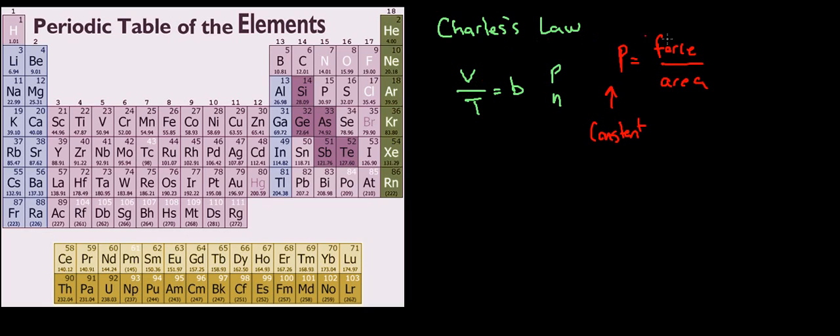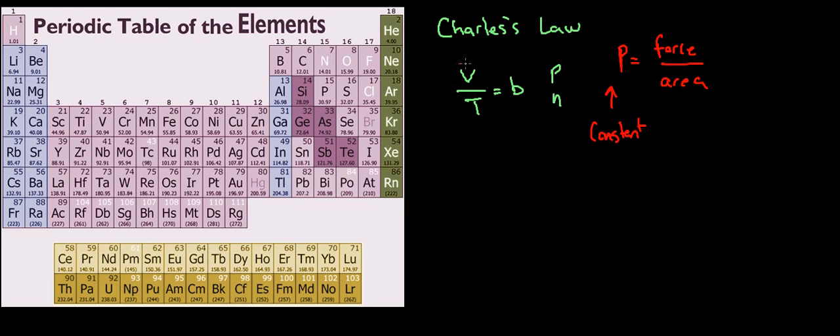If I were to adjust the volume or the area in order to maintain the same pressure, I'm going to have to adjust the force. And the force in a gas is the force of the molecules striking the surface. It's the kinetic energy of the molecules. So that can be adjusted by raising or lowering the temperature.